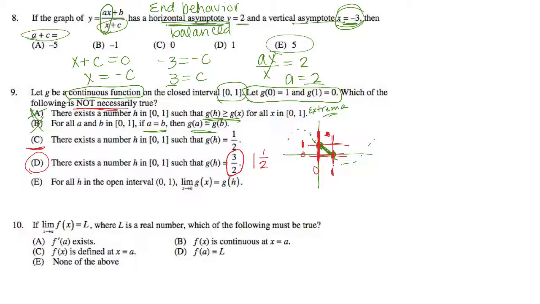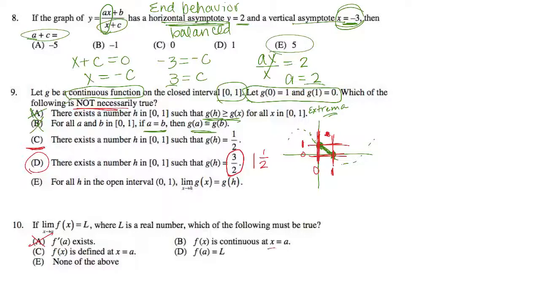All right, so for number 10, we have a function. The limit as x approaches a of that function is equal to L. Which of the following must be true? So, it's tempting to say that, well, we know A doesn't necessarily have to be true because the limit and the derivative, if you know the limit, doesn't mean you know anything.